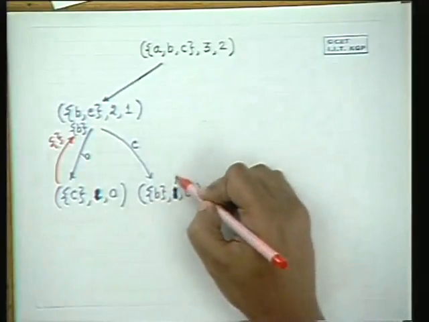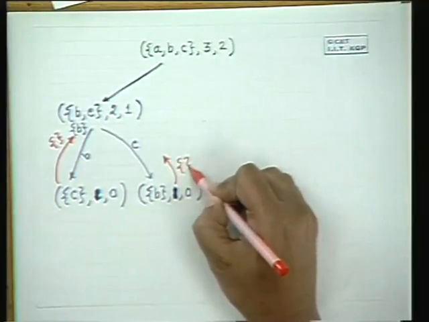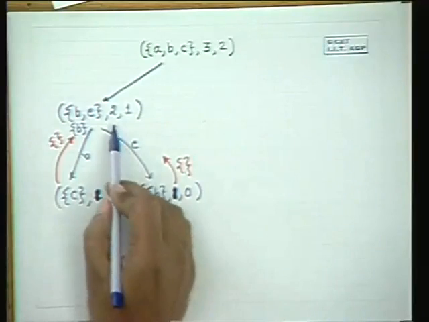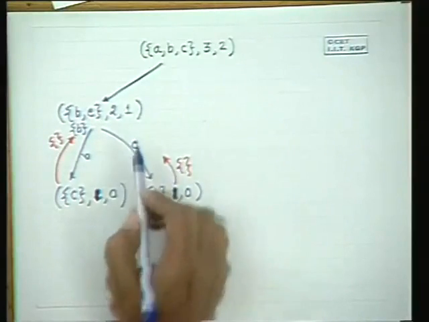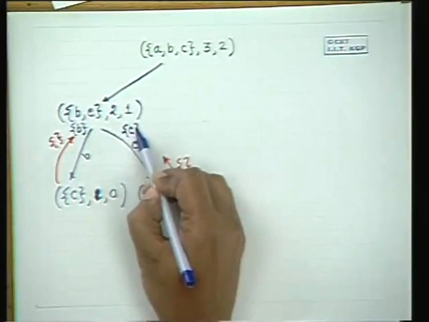This will again return a null. This will append C to this null to prepare C.